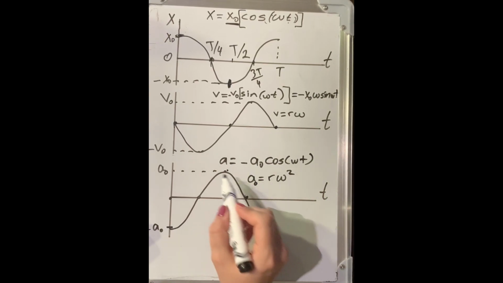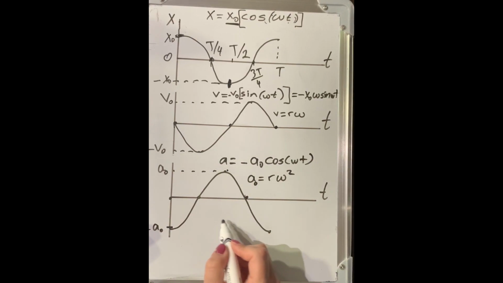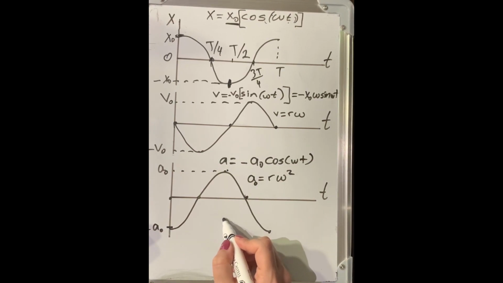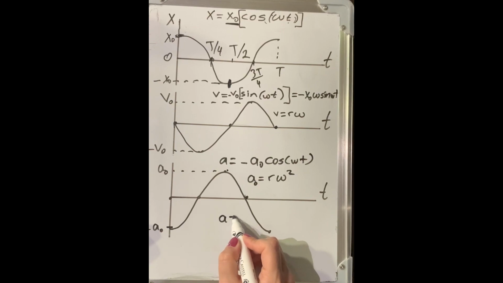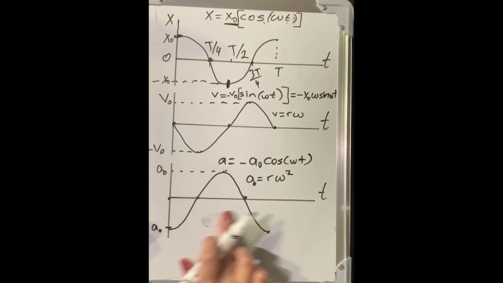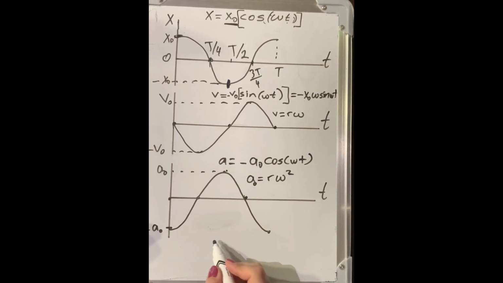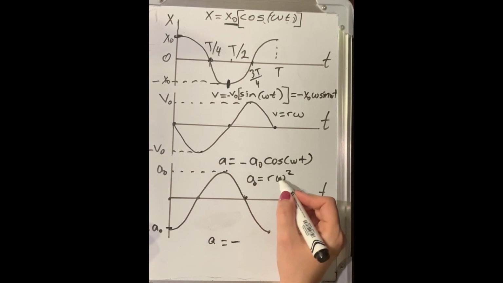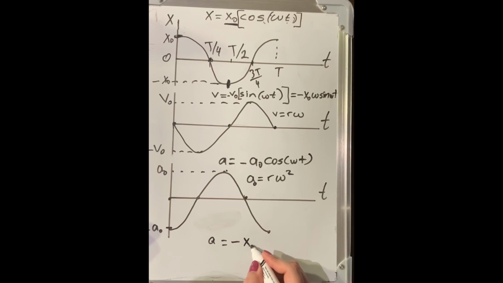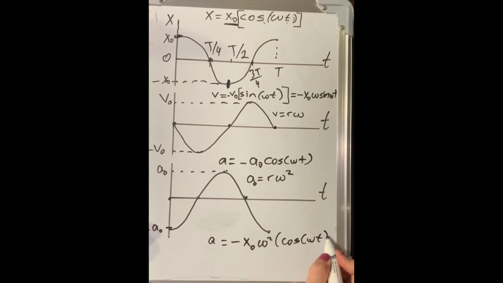So I can rewrite this function as a equals negative, for a0, I will substitute x0 omega squared cosine omega t.